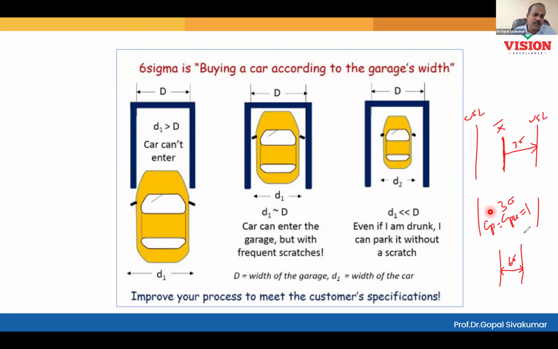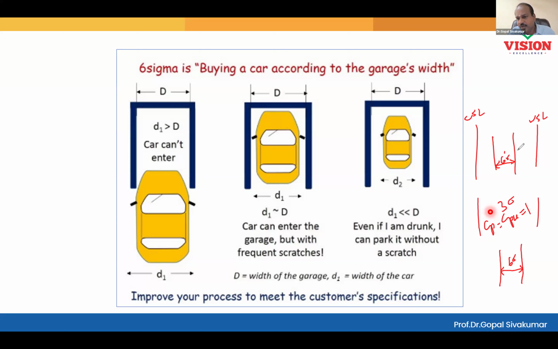But with respect to the tolerance, let us understand what happens. And now my process is centered here. I very well know here itself is how much? 6 sigma, isn't it? My 6 sigma is fitting just by consuming half of the parking area.